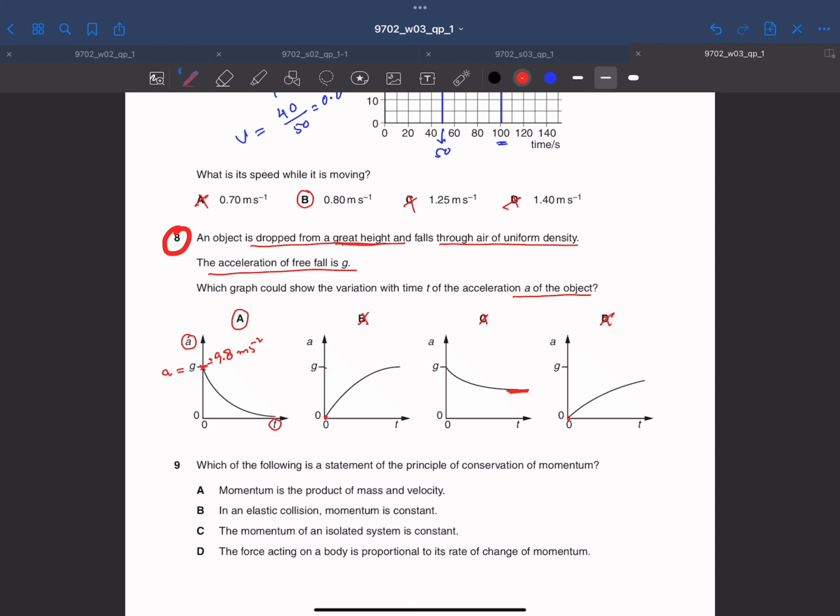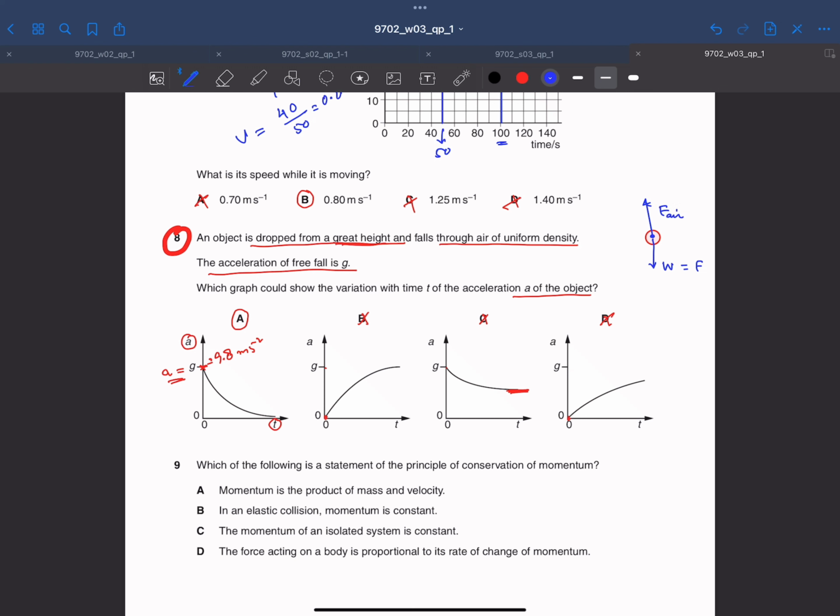And this is logical as well, because when you are dealing with the drop of a body, the acceleration decreases because the resultant force decreases. When the body starts falling, weight is the only force, but when you consider air resistance, another force, I can write here Fr.